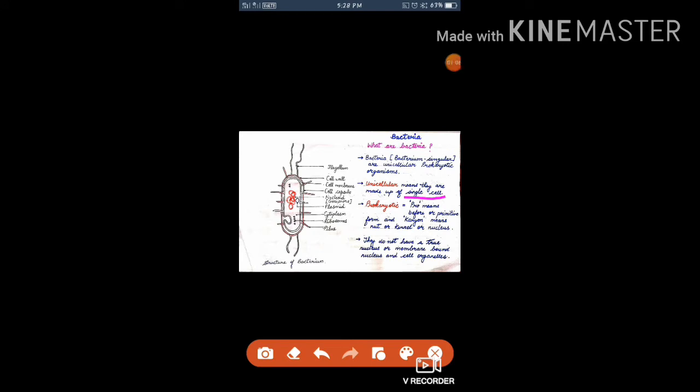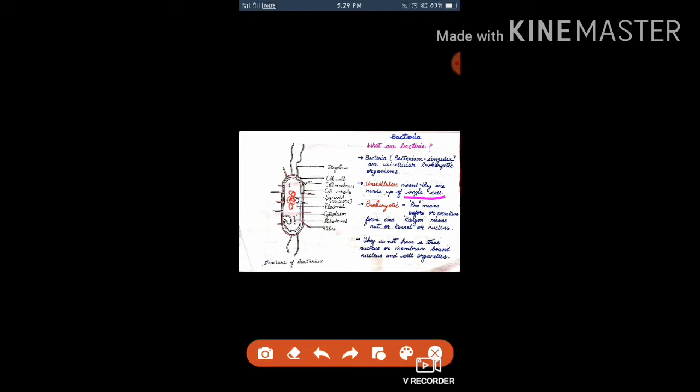Now, what do you mean by prokaryotic? Pro means before, or we can say primitive form of an organism, and karyon means nut or kernel, or we can say nucleus. So, bacteria are unicellular prokaryotic organisms, meaning they do not have a true nucleus. Bacteria do not have a true or membrane bound nucleus and cell organelles.